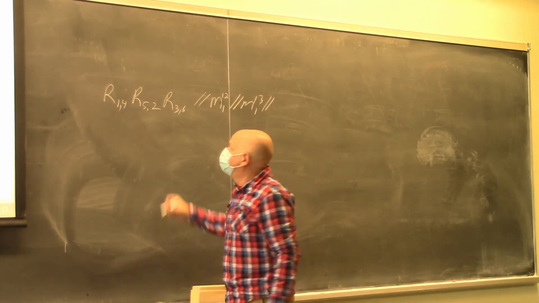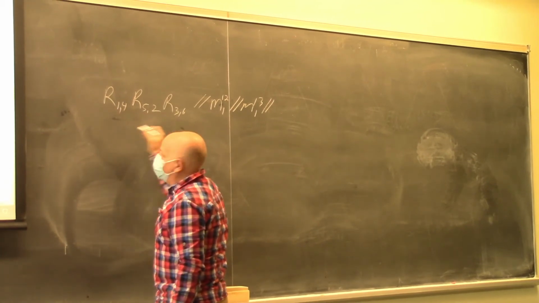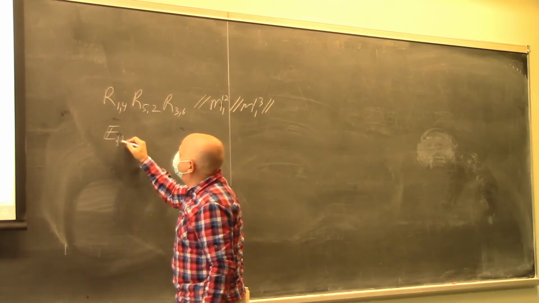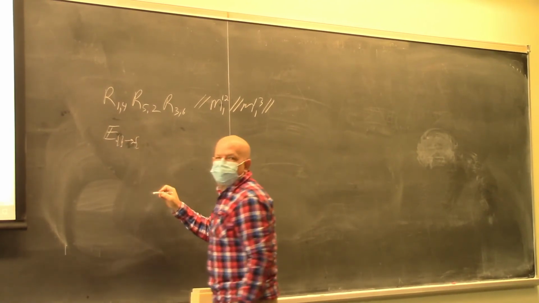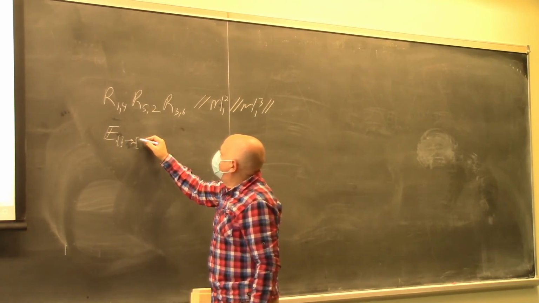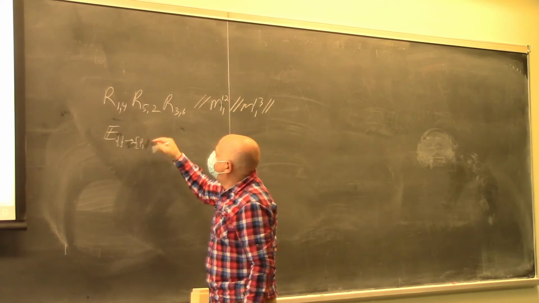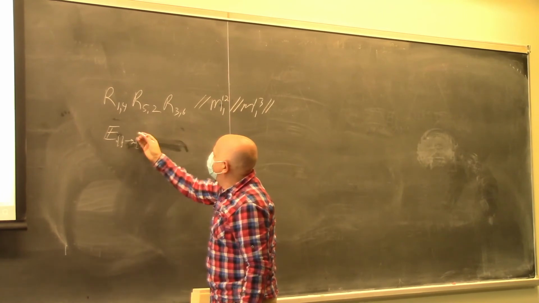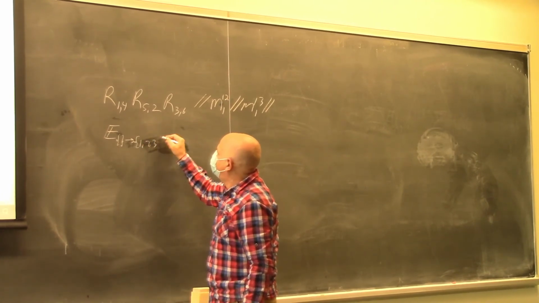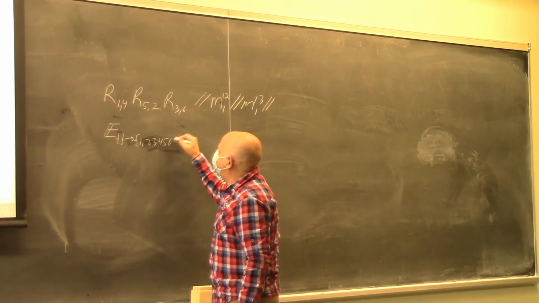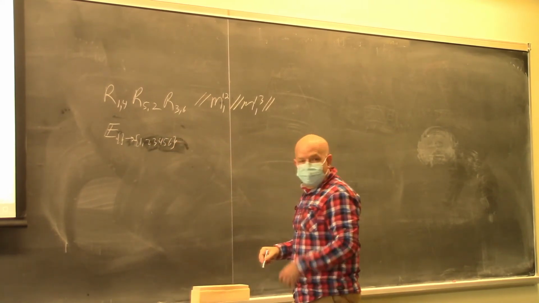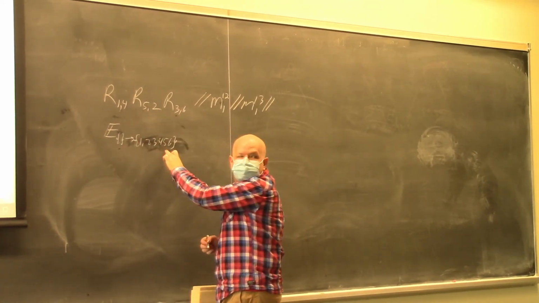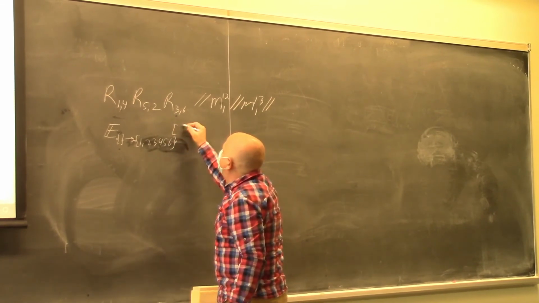Strictly speaking, this is an element of the form E, with no Latin letters, and the Greek letters are P1, X1, up to P6, X6. Let me shorten it by just writing 1, 2, 3, 4, 5, 6. As an element of the category, if I multiply these three morphisms, I get a morphism like this, with some payload.